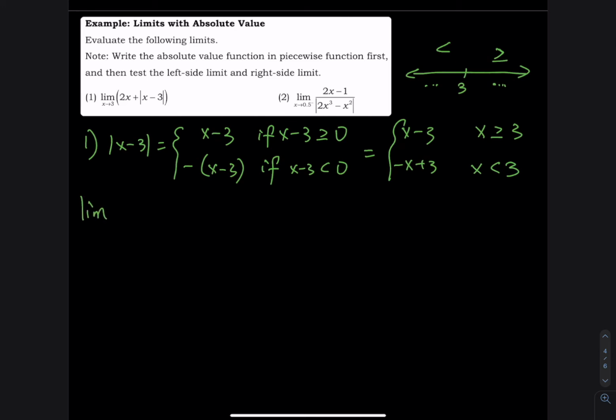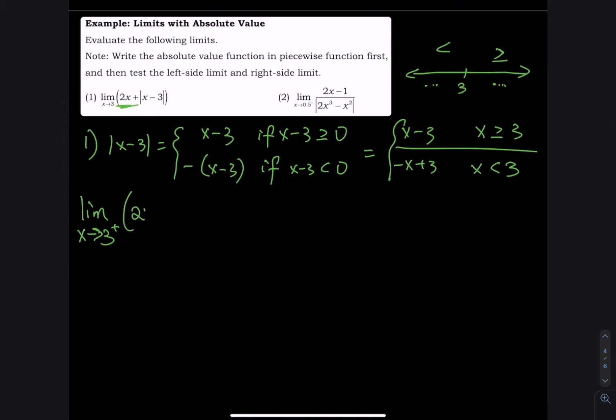So we have the limit as x approaches 3 from the right. Which piece should I pick? x greater than 3. Then we have to put the piece where x is greater than or equal to 3. So do we just pick the x minus 3? No, you have to look at the function. There is a 2x in there.